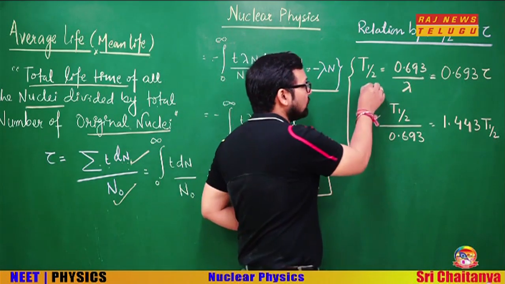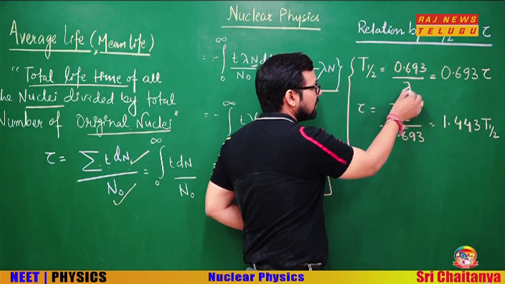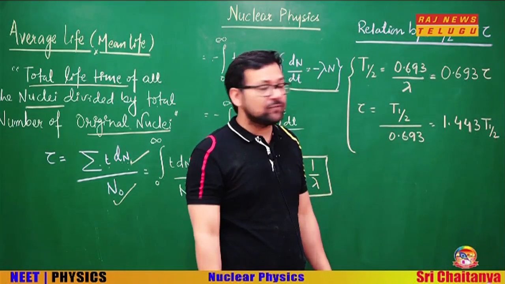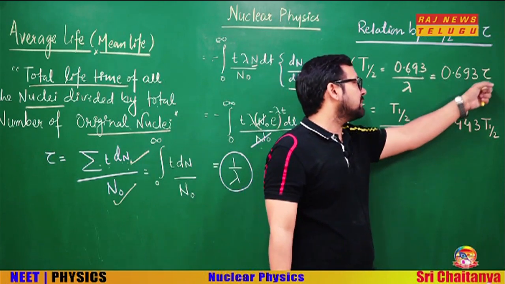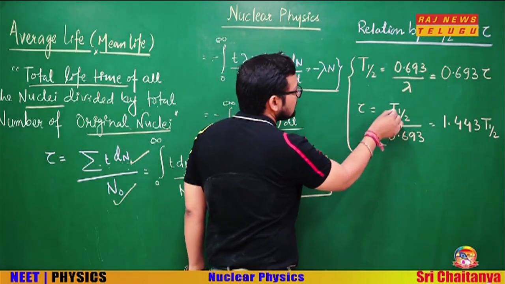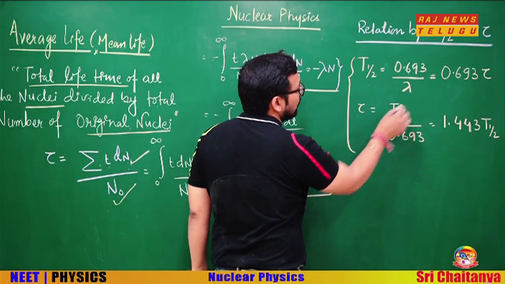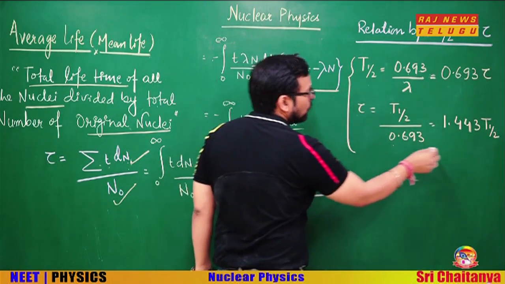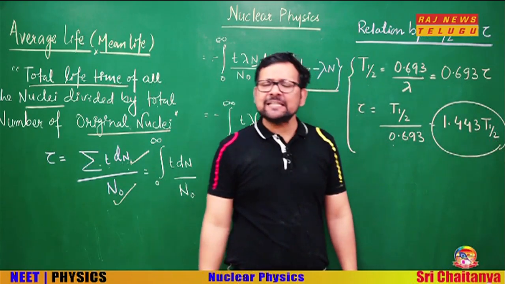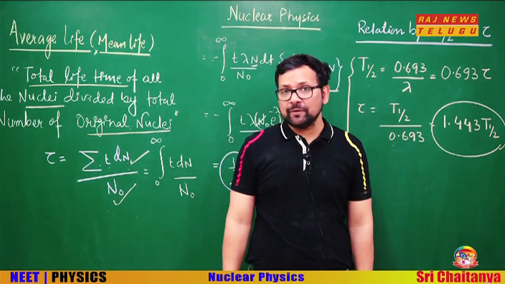Half-life is 0.693 by lambda, and 1 by lambda is the mean life, so this is 0.693 into the mean life. So mean life is t half upon 0.693, which is 1.443 of t half. It is an easy conversion, but do remember that.